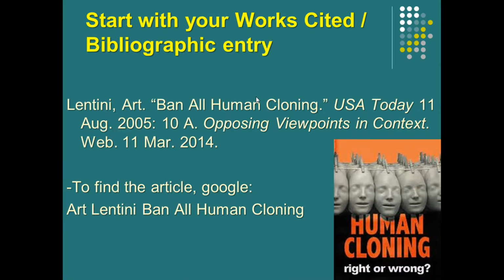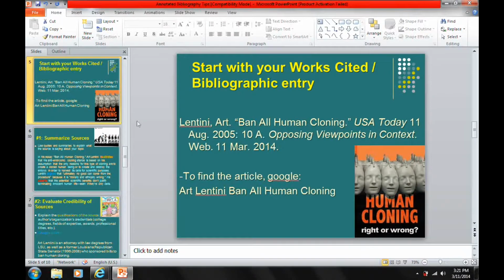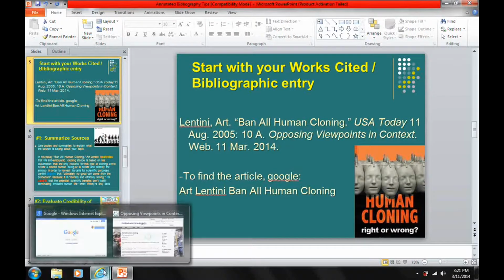So we're going to actually put this into practice, how you write an annotated bibliography entry. And we're going to do that with this opinion piece by Art Lentini called Ban All Human Cloning. I'm just going to go ahead and show you this article.